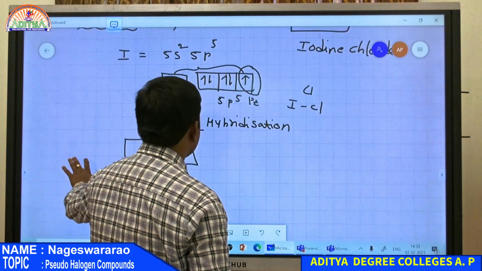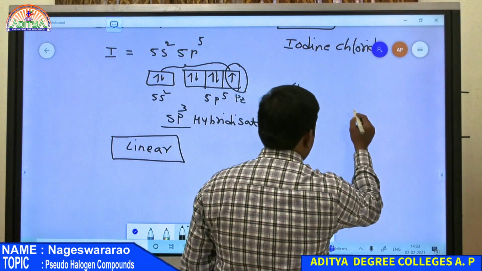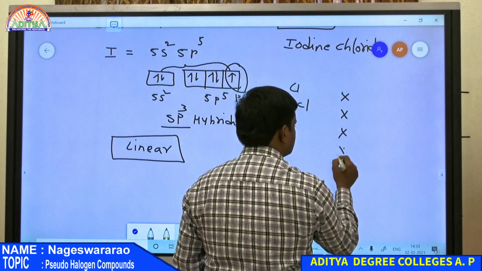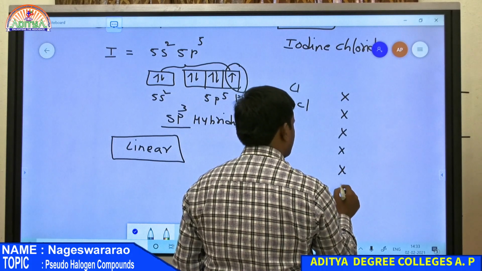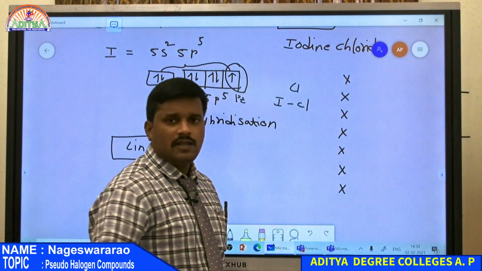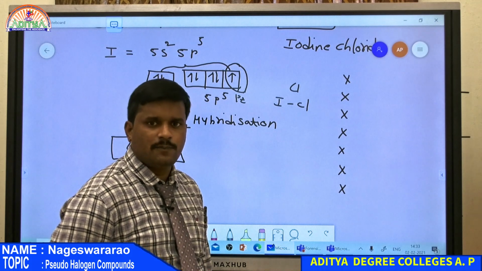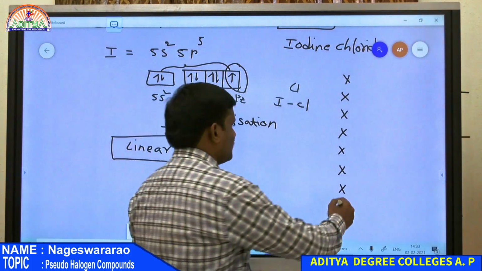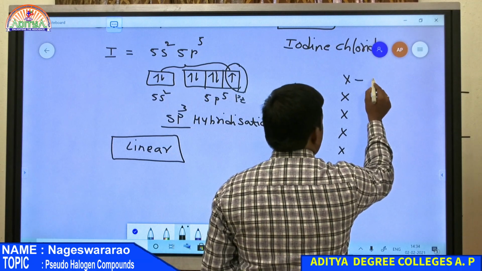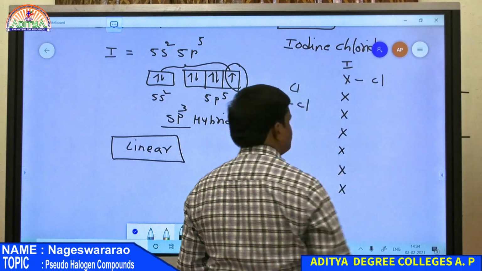Iodine is the central atom, a seventh group element, so it has 7 electrons: 2 electrons in the s orbital and 5 electrons in the p orbital. One electron is bonded with Cl.